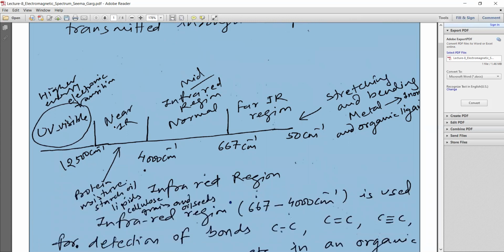This near IR range, 4000 to 12,500 inverse centimeter, is useful for detecting or analyzing protein, moisture, starch, oil, lipids, cellulose, grains, and oil seeds.